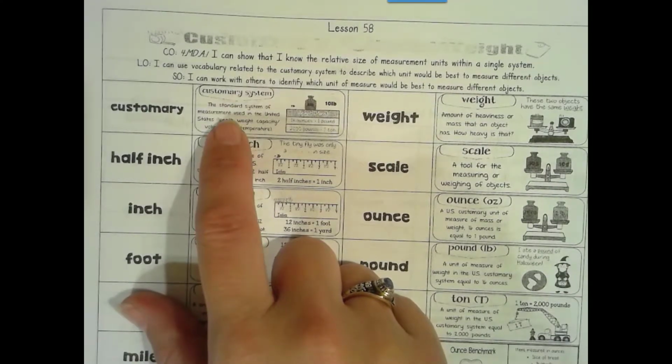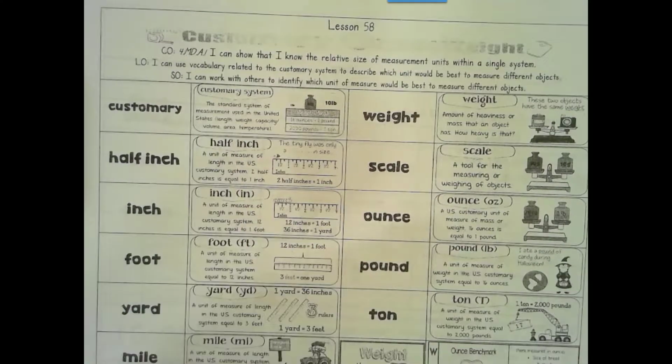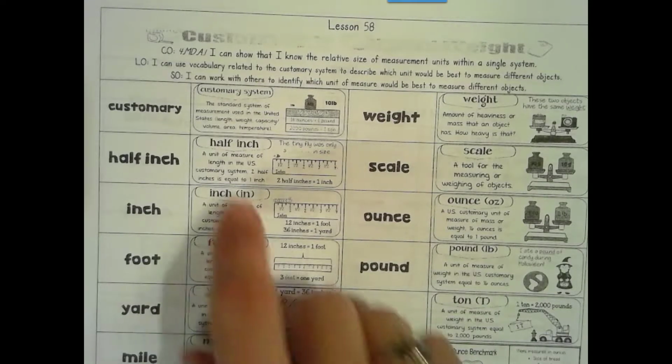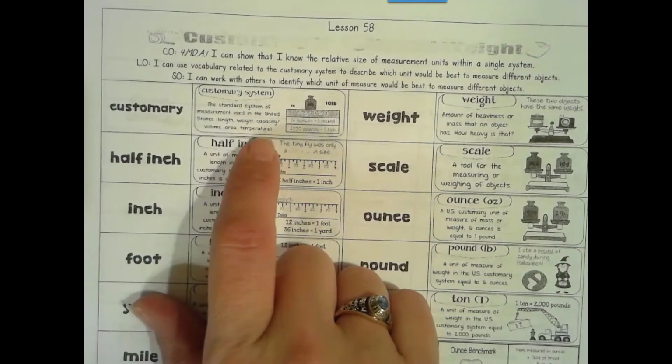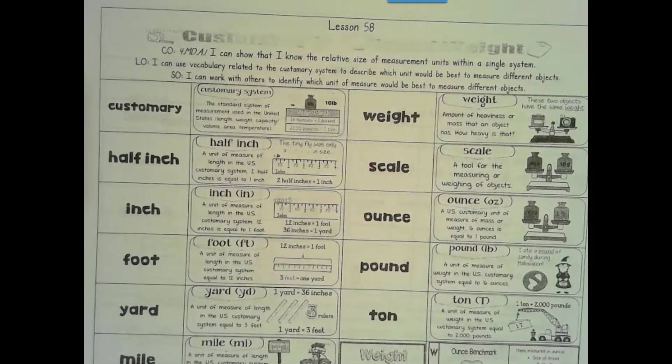We already did the metric system. The customary system is the standard system of measurement used in the United States for our length, weight, capacity, volume, area, and temperature. The United States and just about 1 or 2 other countries use customary. Most of the rest of the world uses metric.